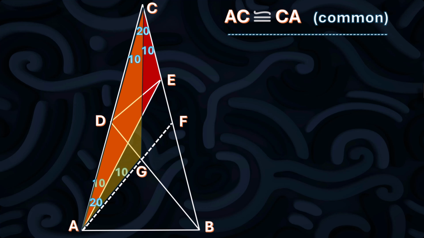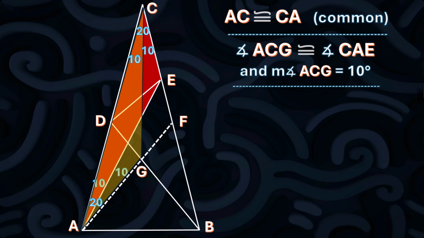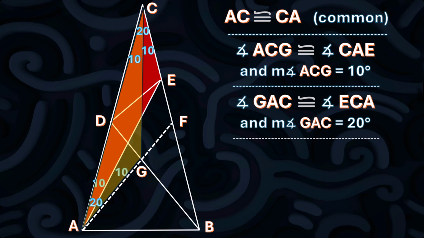Now, I'm going to equate the two triangles. We note that AC equals CA because that's a common line in both triangles. Angle ACG is congruent to angle CAE, both being 10 degrees. And angle GAC is congruent to angle ECA because they are both 20 degrees.